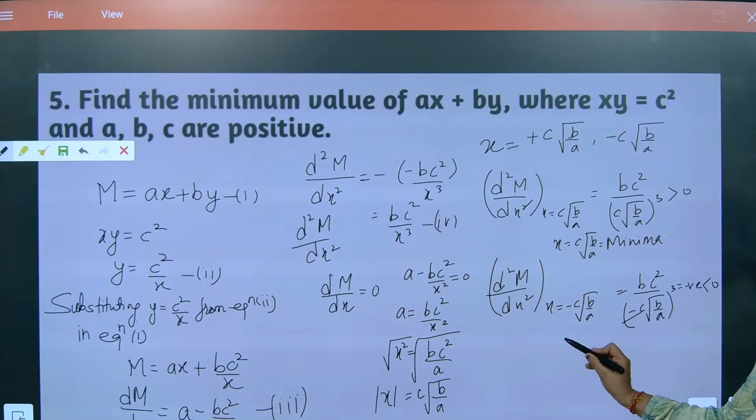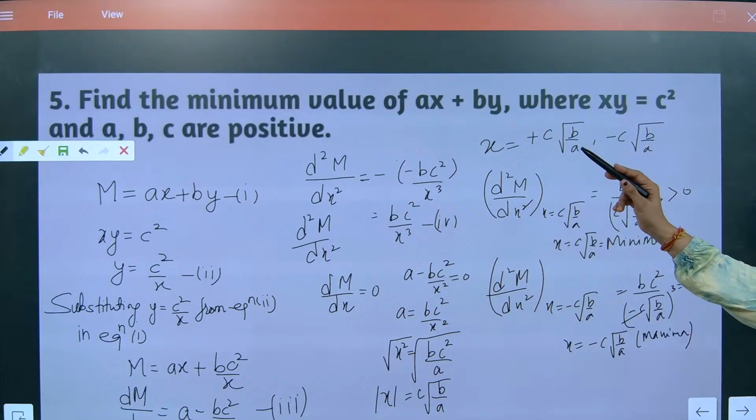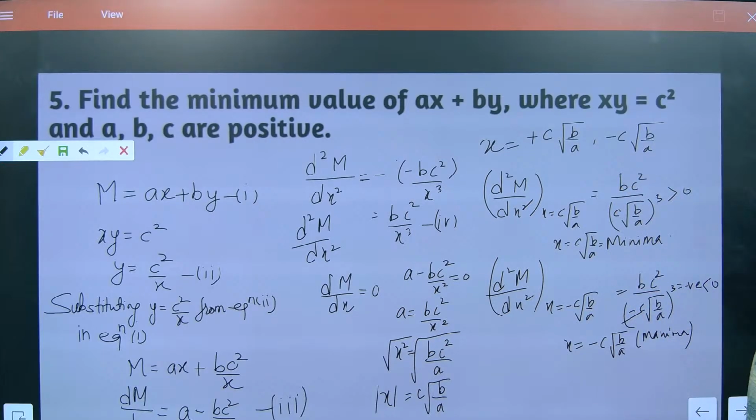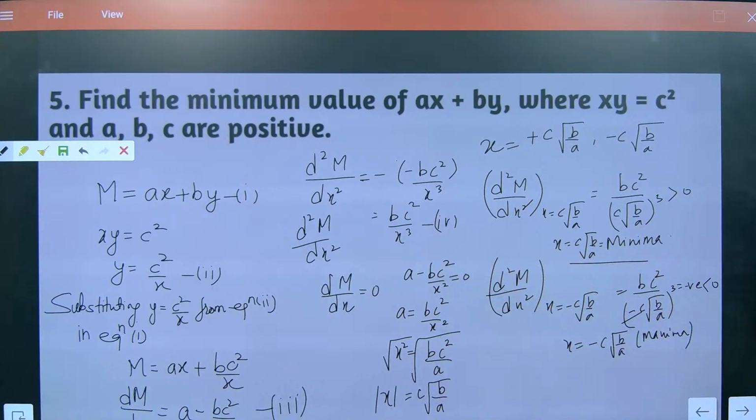So this value x equal to minus c root under b by a is point of maxima. But in the question, what they are asking, beta? Minima. So we'll only focus in minima. So now minimum, this you have to put in the question itself. Got it? You got this value, you substitute where you can get the value of y.